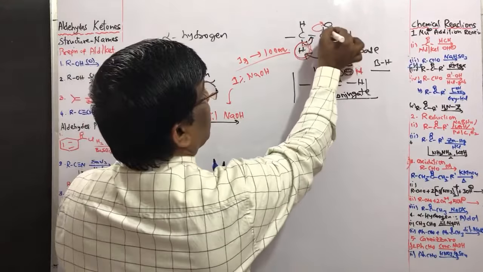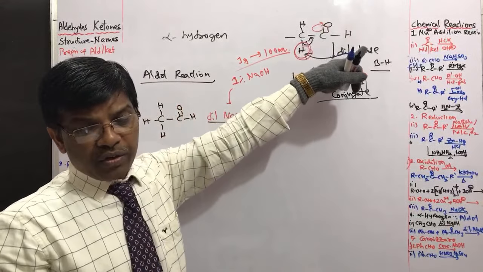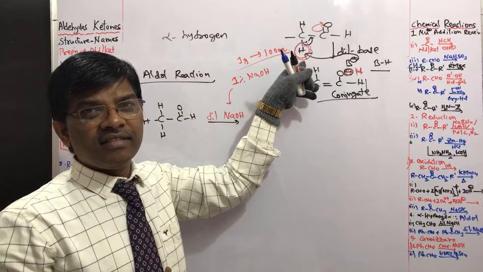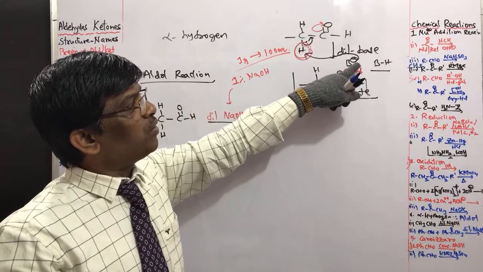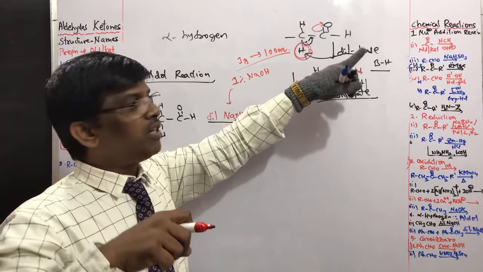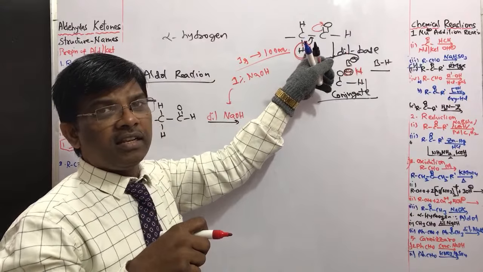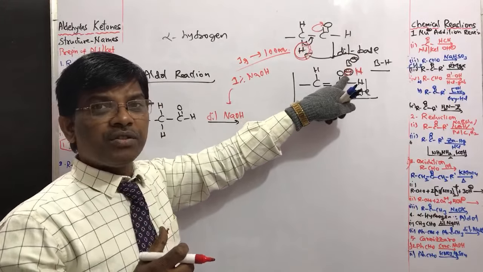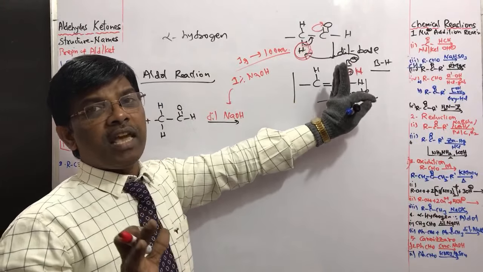Otherwise, if there is no one to take up this proton, why would it lose it? When a base is there in the reaction mixture, only then is this labile. Why is it labile? Because the conjugate base that is formed is stable.